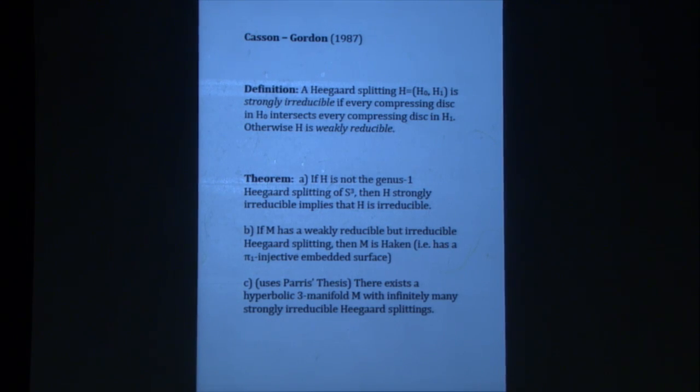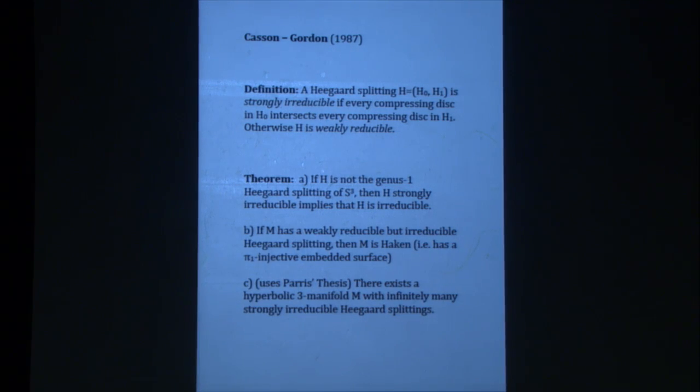So if the splitting has genus a million, these disks on each side have to be very complicated for every one on one side to intersect every one on the other. Oh yes, if you have a handlebody, that's simply a central disk. That's what I call a compressing disk.